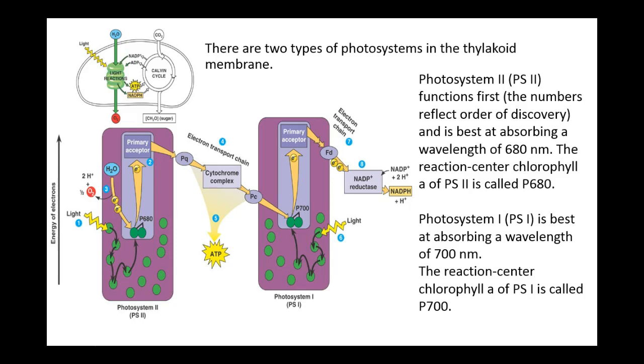The primary electron acceptor, at the top of the purple block, is passing that electron down a complex of proteins that is similar to, and actually even called, an electron transport chain. And that electron transport chain, which we're familiar with, is going to be able to produce ATP.